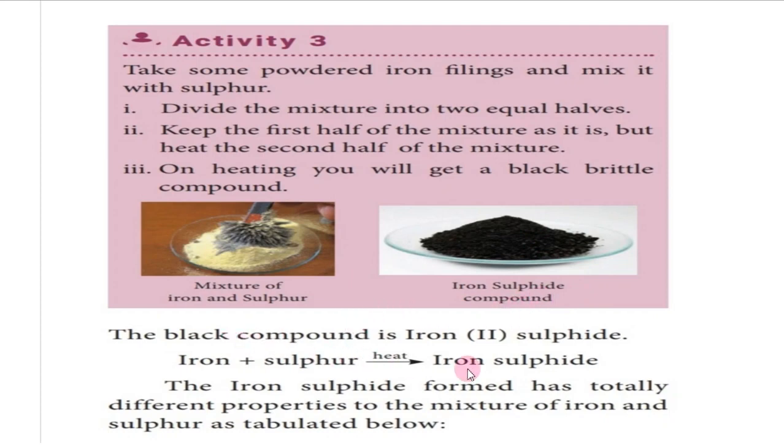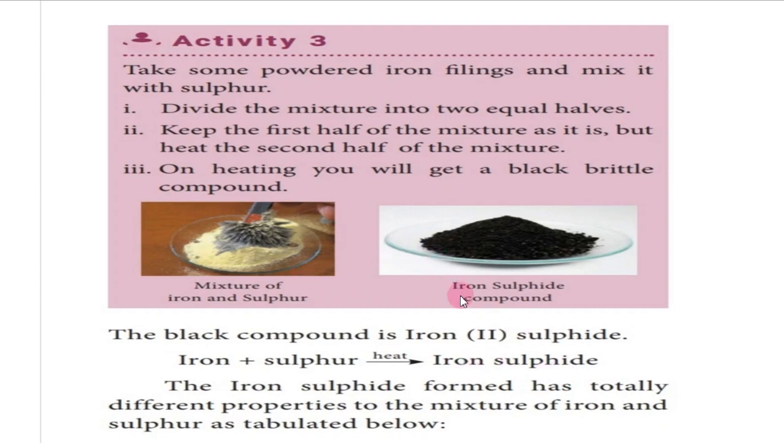So the black compound is iron sulfide. Now see, this is iron, and this yellow color is sulfur. So iron plus sulfur, we are heating, no? So on heating, we get the new substance iron sulfide.